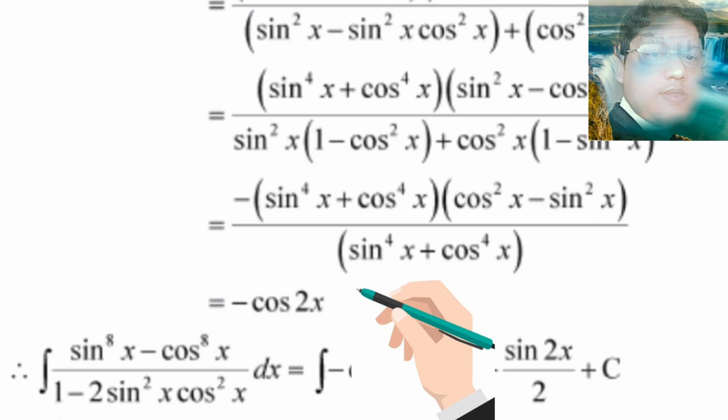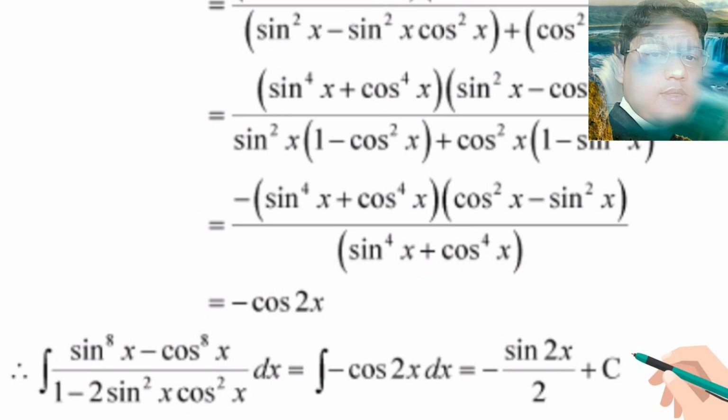Taking minus common, the numerator and denominator cancel, then you have minus, cos square minus sin square equals cos 2x. So I integrate cos 2x, and I get sin 2x upon 2 plus c, and that is your answer, my dear students.